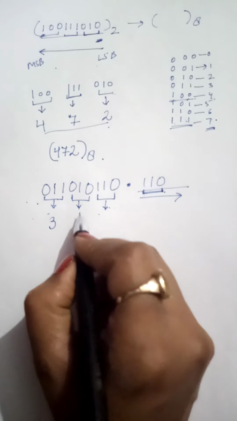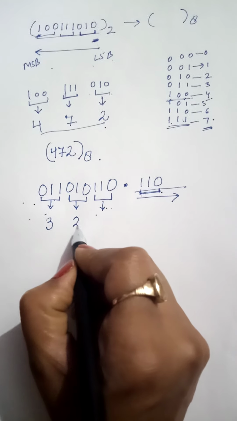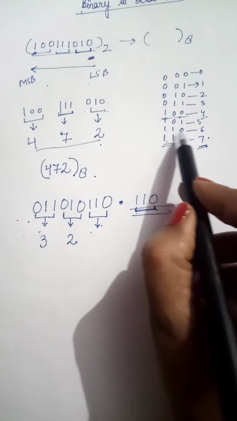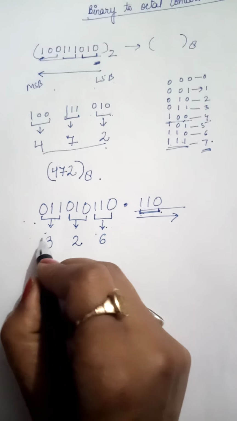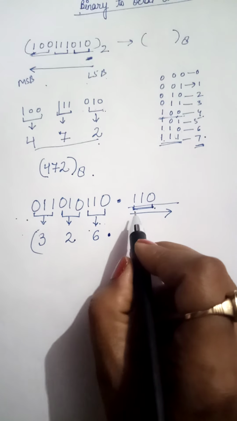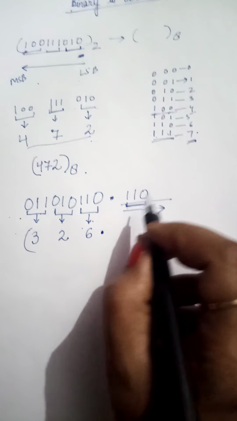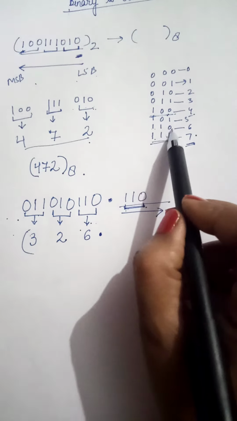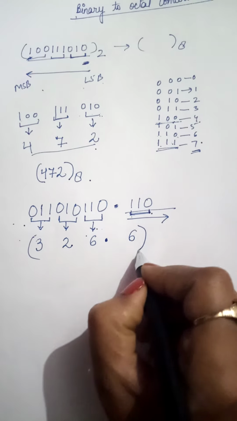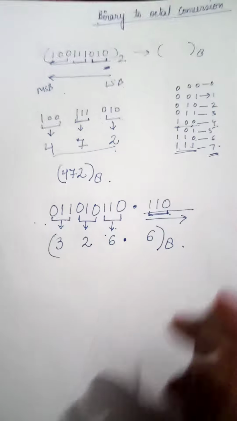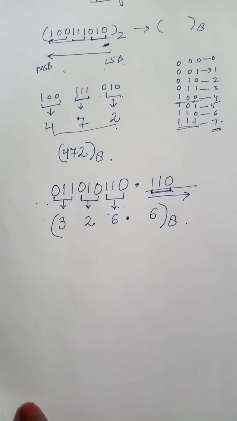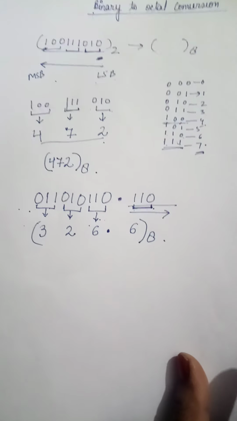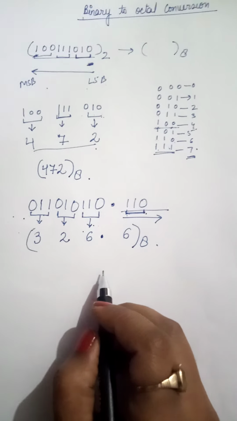Now write down 3. 010 is 2, 110 is 6, 326 point, again 110, 6. So 326.6 base 8. Okay, so this way you will be converting a number from base 2 to base 8.